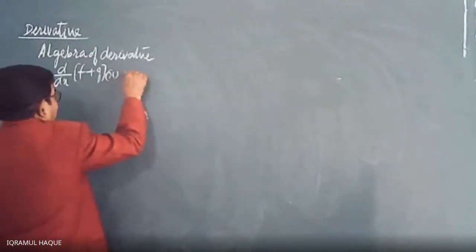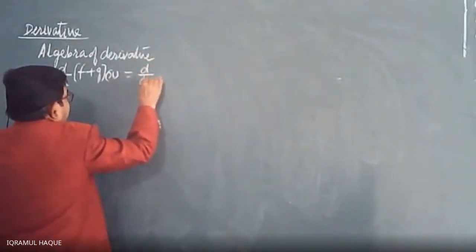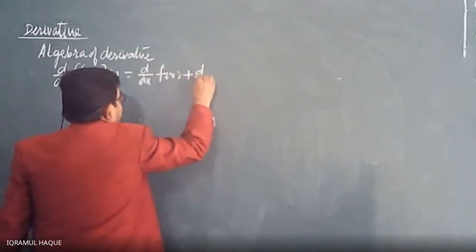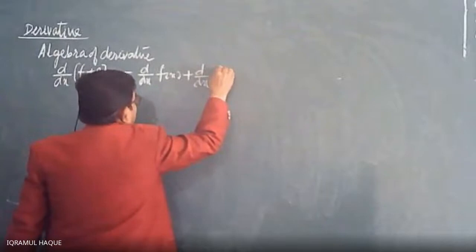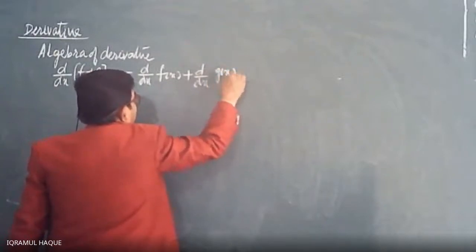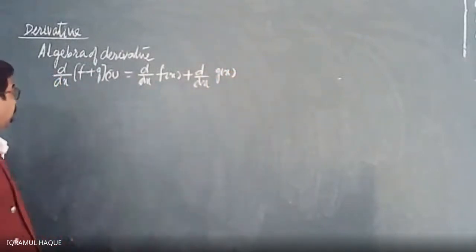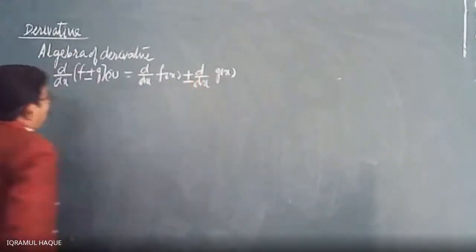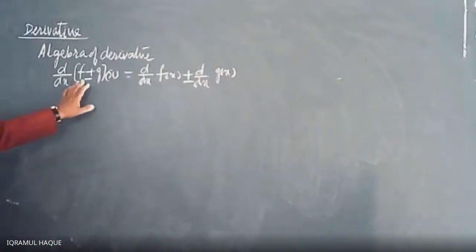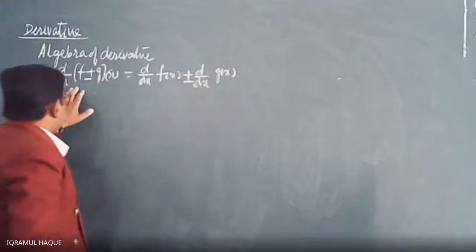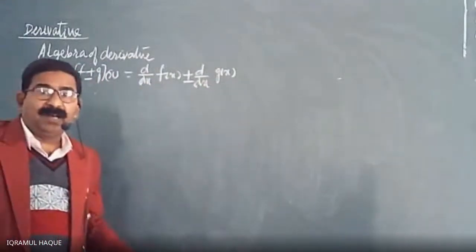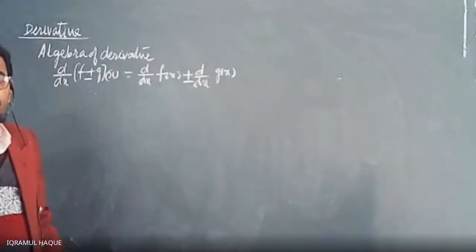So we can write this as d of dx of f of x plus d of dx of g of x. And if it is a minus sign here, it will be a minus sign. So I have written both together, plus minus. If it is plus, it will be broken in plus. If it is minus, it is broken in minus. And both the terms are differentiated separately.